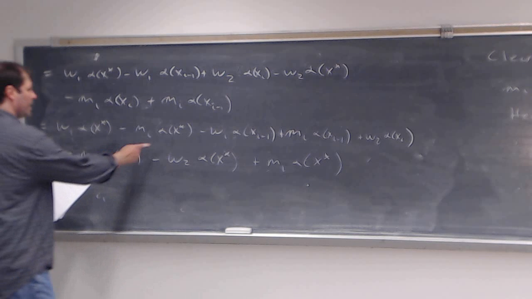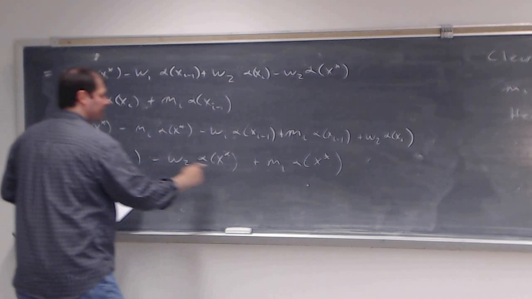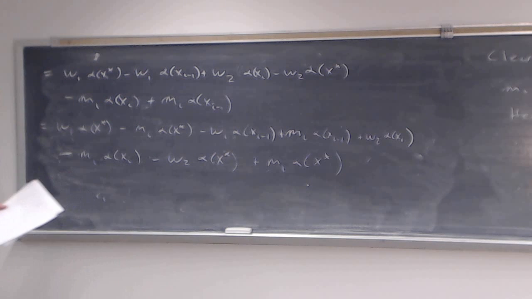What I've subtracted and added, I think, is the m sub I times alpha x star, both of these spots.